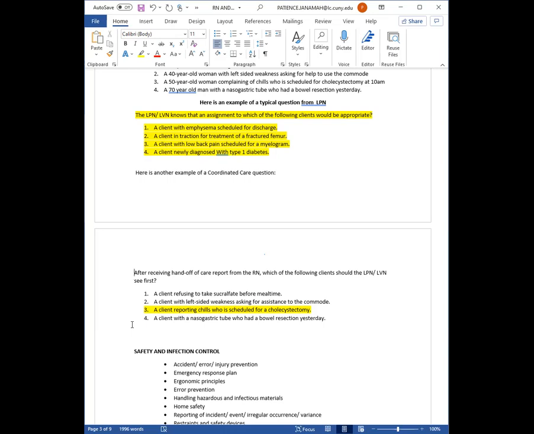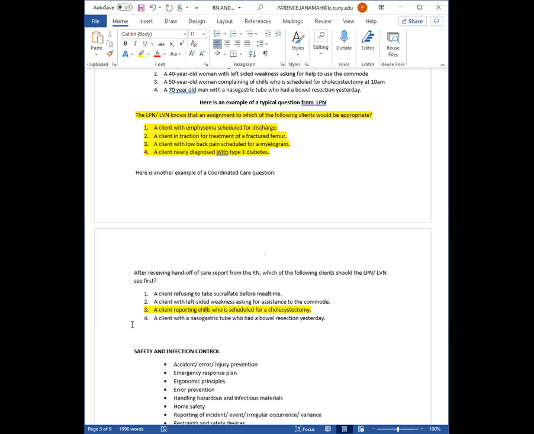The number 2, a client with left-sided weakness. Is it not supposed to be done by the CNA? Well, at this point, they've not mentioned the CNA. They are just asking which of the patients you will see first.